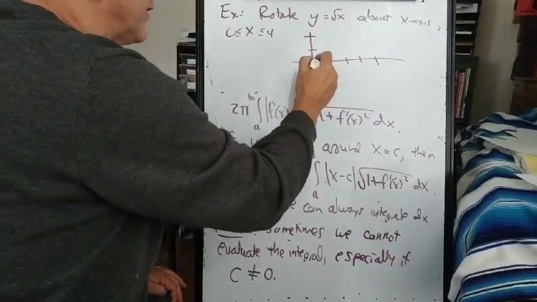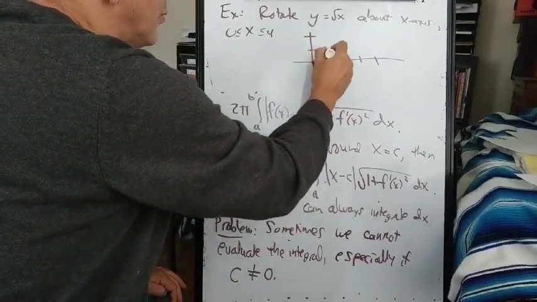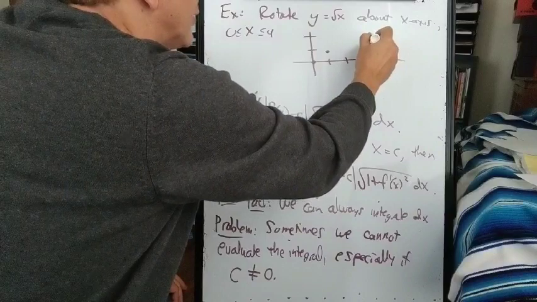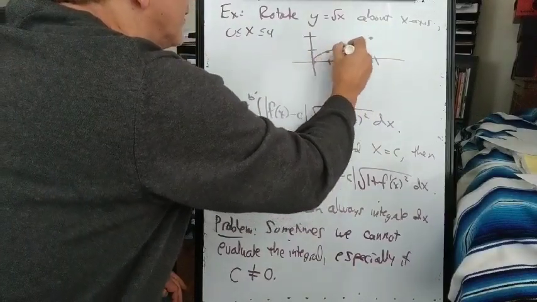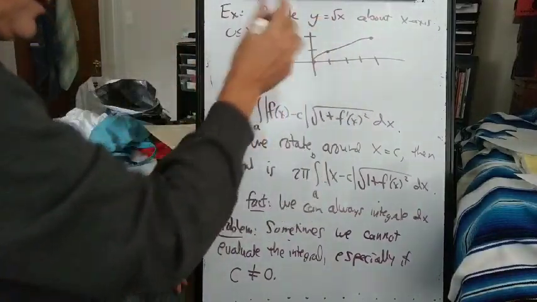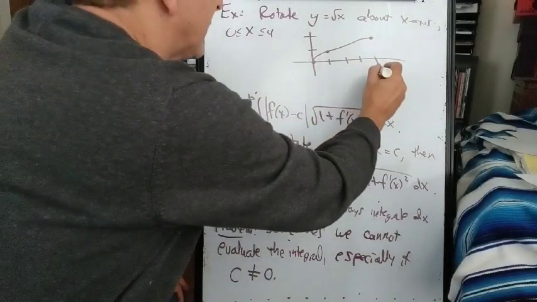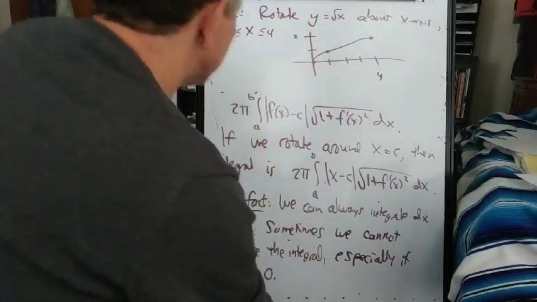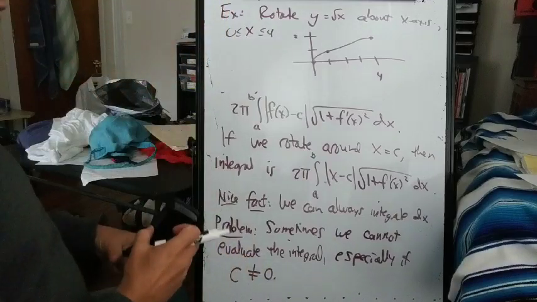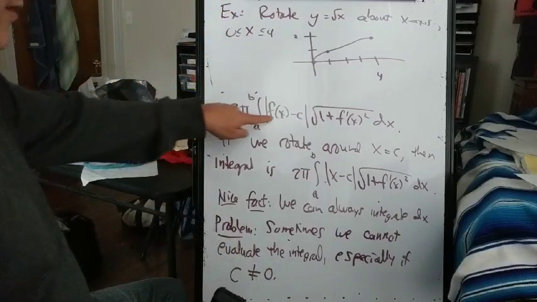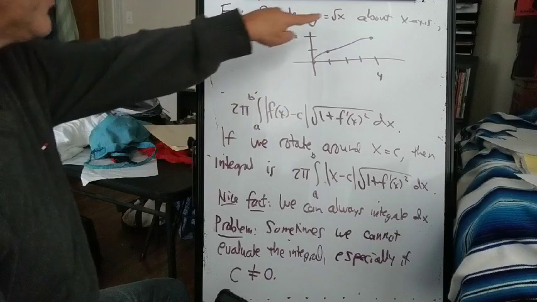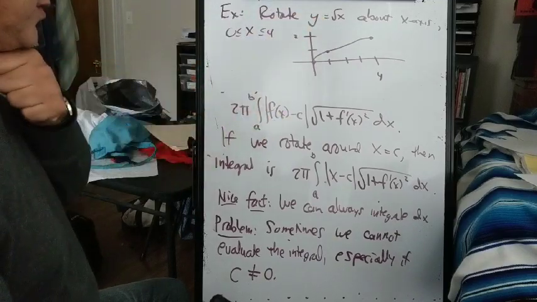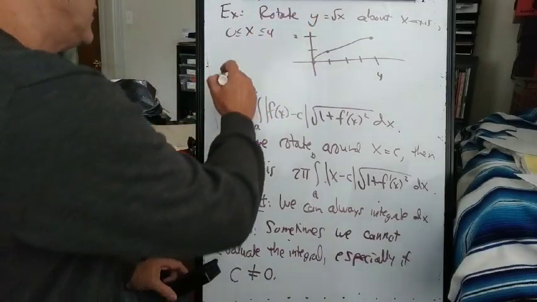So y equals square root of x goes through 0, 0, 1, 1, and 4, 2. We've got a sideways parabola, part of a sideways parabola there. So our formula is going to be, we'll have c equals 0 because we're rotating about the x-axis, y equals 0.